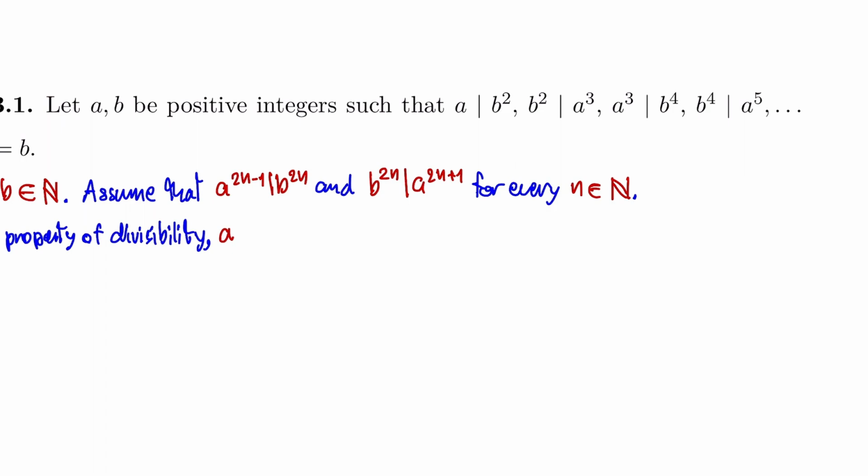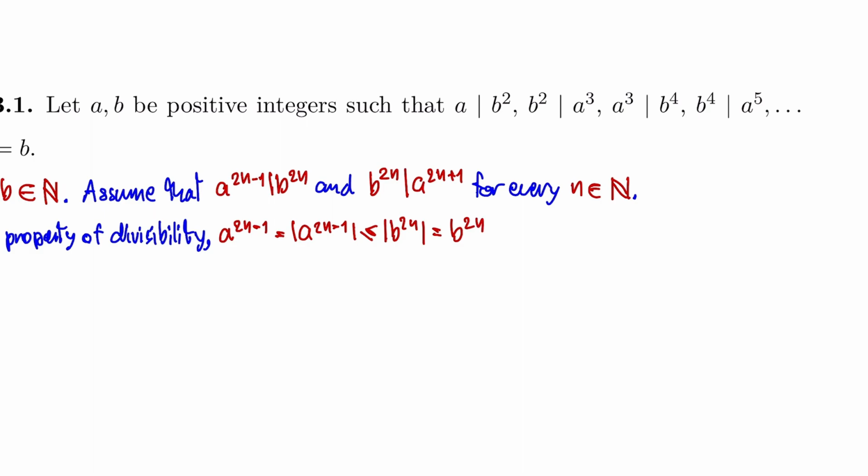It's obvious that a to the 2n minus 1 and b to the 2n are positive. So a to the 2n minus 1, which is its absolute value, must be less than or equal to the absolute value of b to the 2n because of this divisibility.